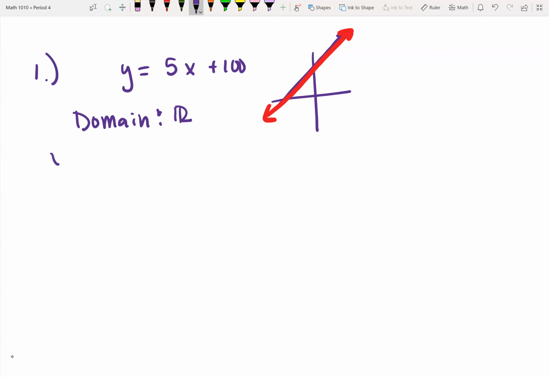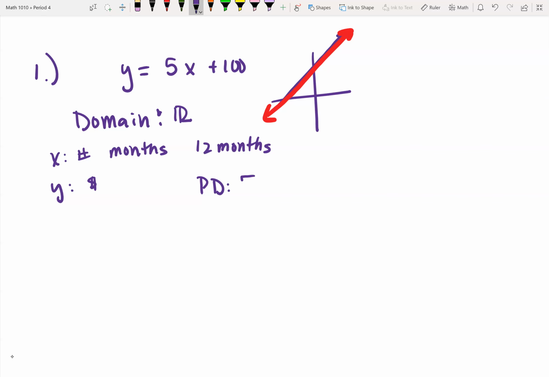But then if I tell you in the problem that X stands for the number of months and that Y stands for how much money you have in savings, and if you're only going to save money for 12 months, well, now the practical domain is not all real numbers.